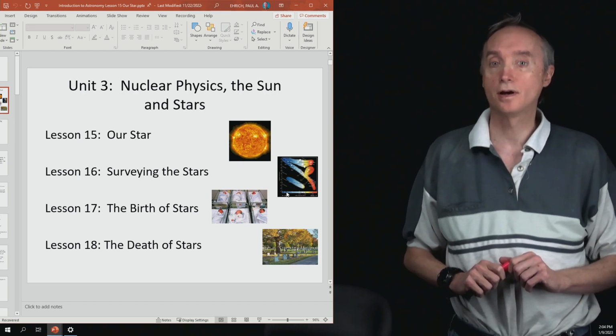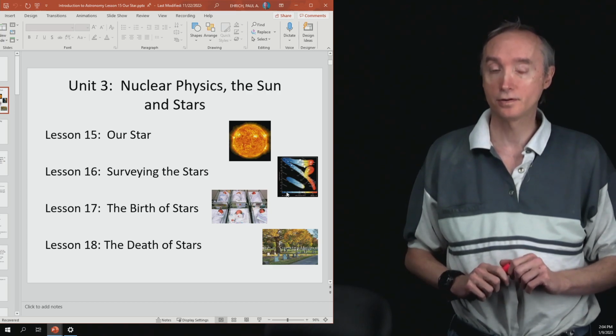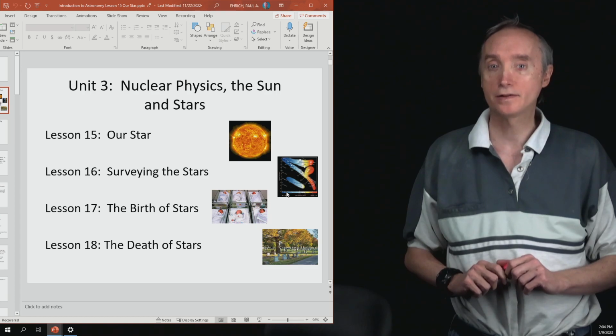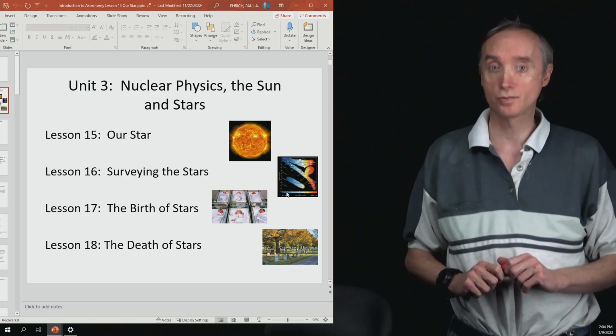So in this unit, we want to also use some principles of physics, in particular principles of gases and nuclear physics, in order to understand how stars work.